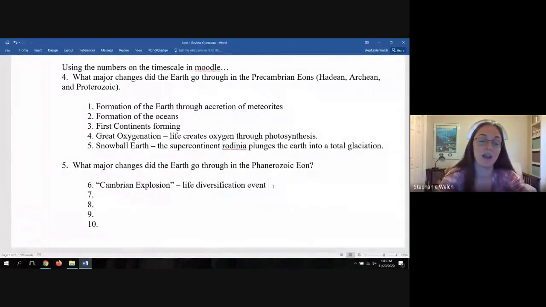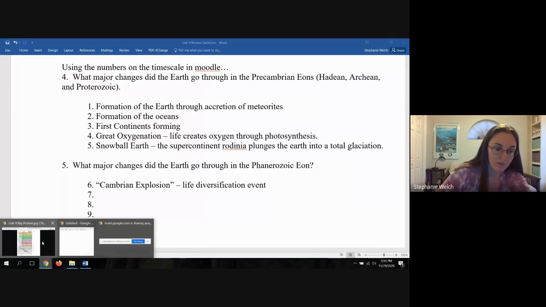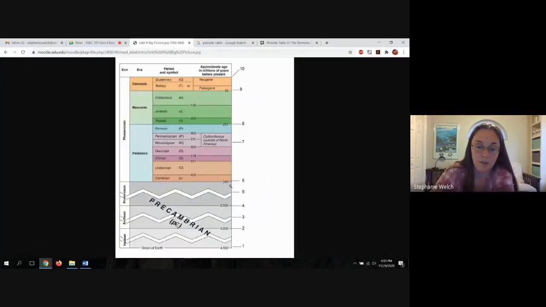Now, in actuality, going back to this time scale here, life had a little bit of a head start, even maybe 50, even maybe 100 million years into the Proterozoic, where you start to evolve macroscopic life. It's just not macroscopic life that fossilized real well.